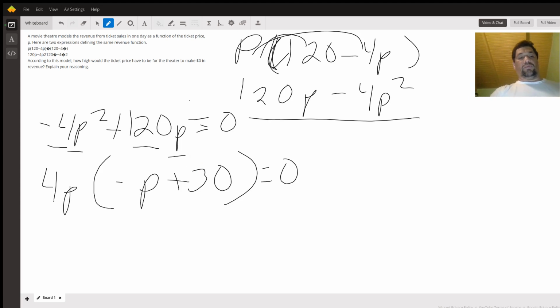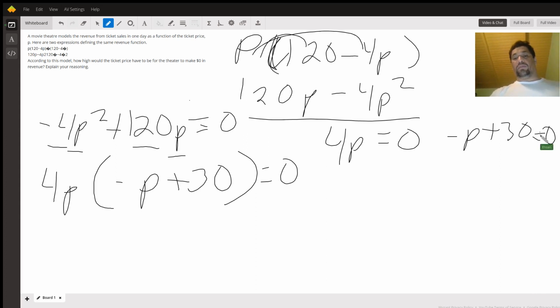Then we set up to find what P is. So we can do 4p equals 0, then negative p plus 30 equals 0.